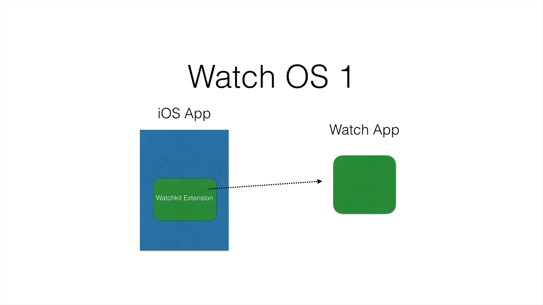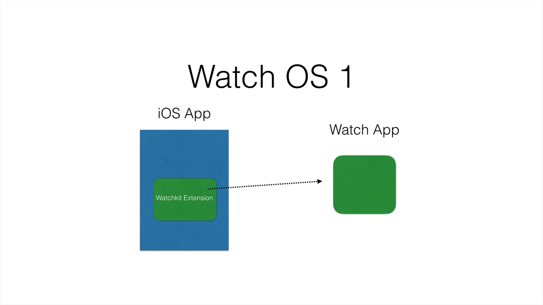The commands from the UI on the Watch app have to go back to the WatchKit extension on the iOS app and interact with the controllers there, and then move that data, the response, the result, back to the Watch app. So these were not native Watch apps. They were kind of split so that you had your UI actually on the watch, but the back end part that does all the processing was on your iOS app.